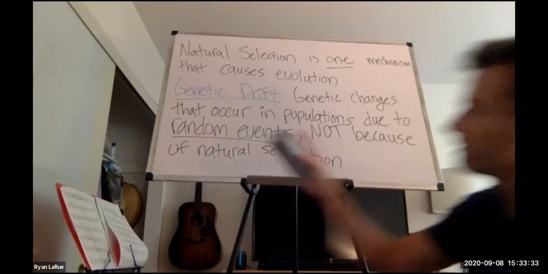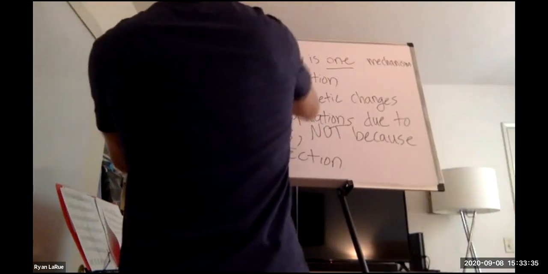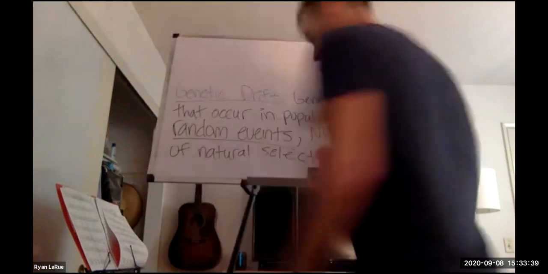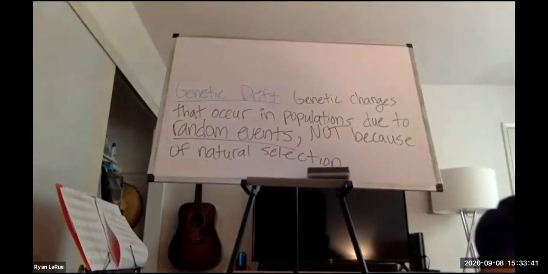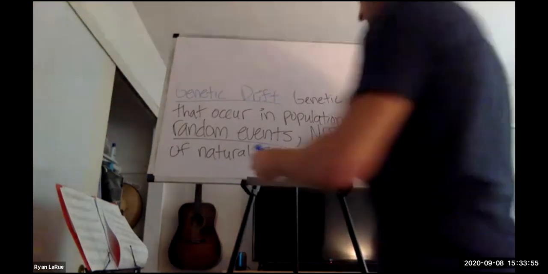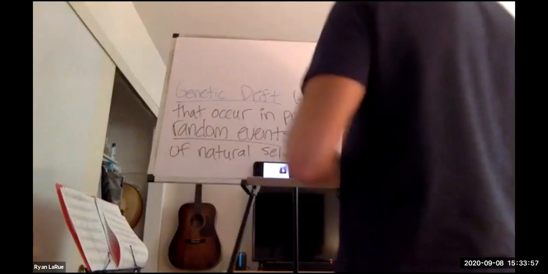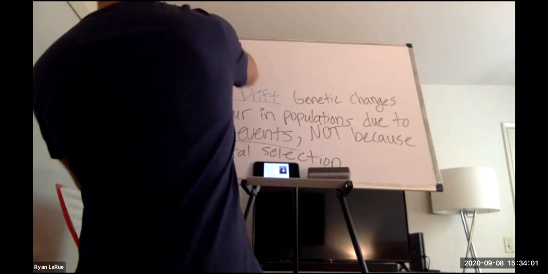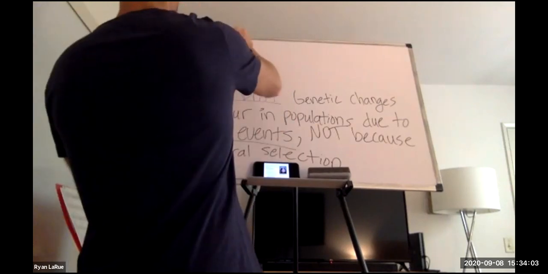So I'm going to write it up here. Okay. So this is our first example of genetic drift, the founder effect.